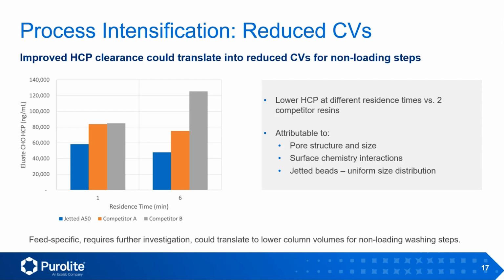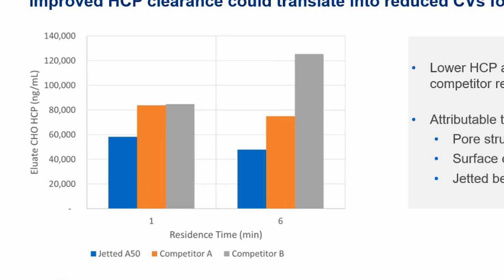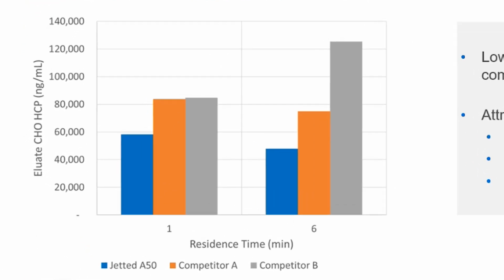So when we shifted from batch emulsified to jetted beads, we noticed an increase in dynamic binding capacity because of the favorable mass transfer characteristics, but some customers also wanted to see more data regarding residual clearance, which actually improved. The chart shown here is a snapshot of that, but it shows the host cell protein levels at 1 and 6 minute residence times compared to 2 batch emulsified competitor resins.